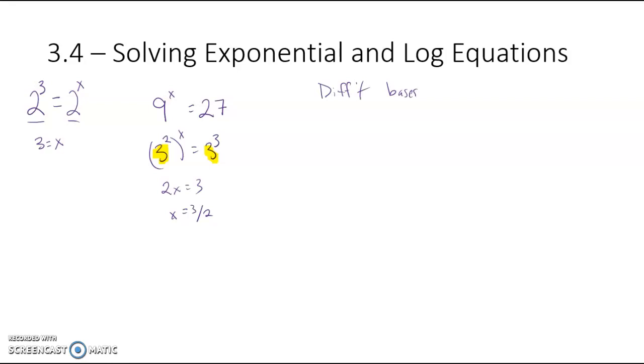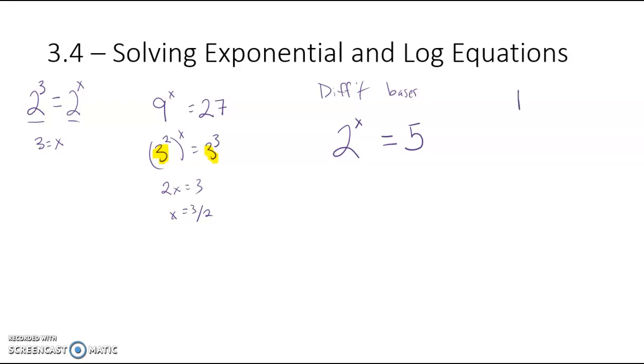So if I have a question that looks like this, if I say 2 to the power of x is equal to 5, I am not sure what I have to raise 2 to the power of to get to 5, okay? But what I do know is that I have a property that tells me I can bring down the exponent.